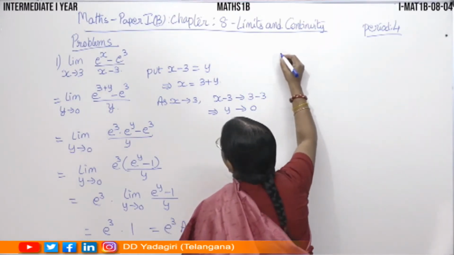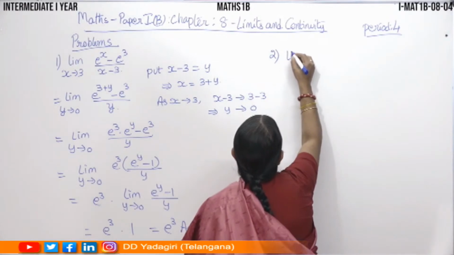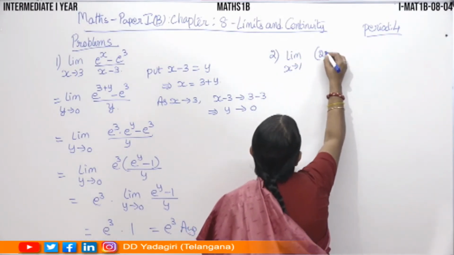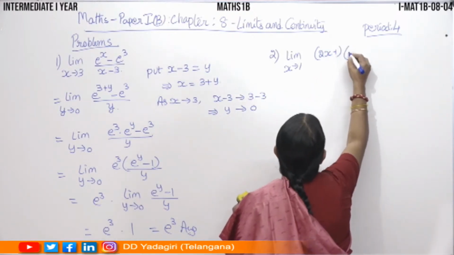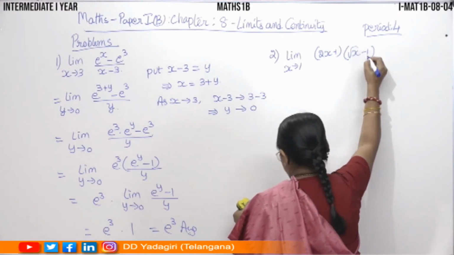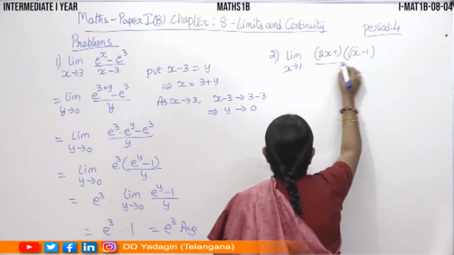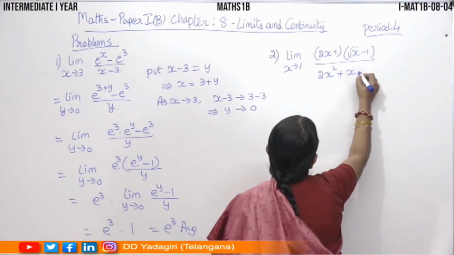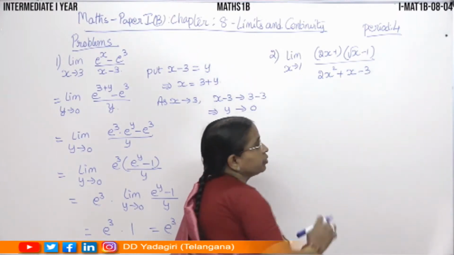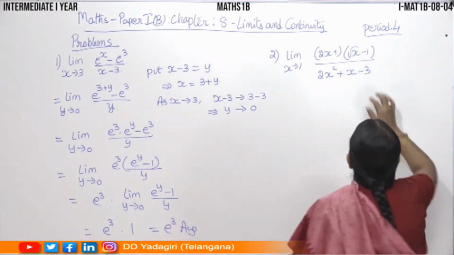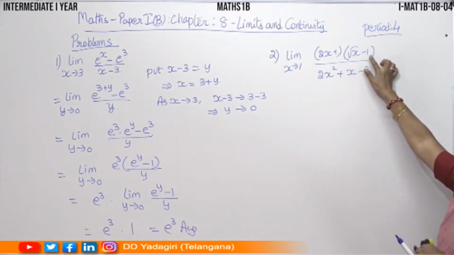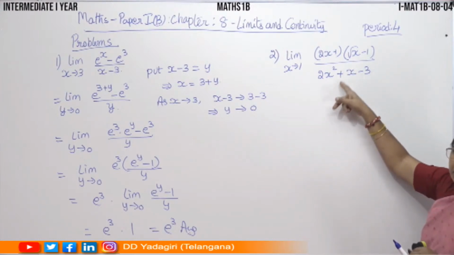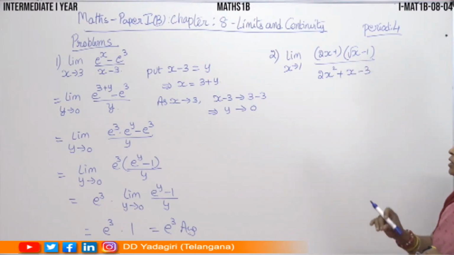Second problem. Limit x tending to 1 of (2x minus 1) into (root x minus 1) by (2x^2 plus x minus 3). Now when you substitute 1 here, this is root 1 minus 1, that is 0. And 2 plus 1, 3 minus 3, 0. It is again in the 0 by 0 form.